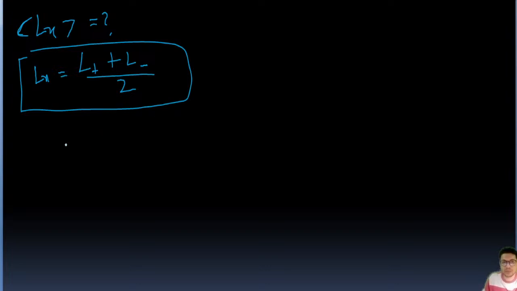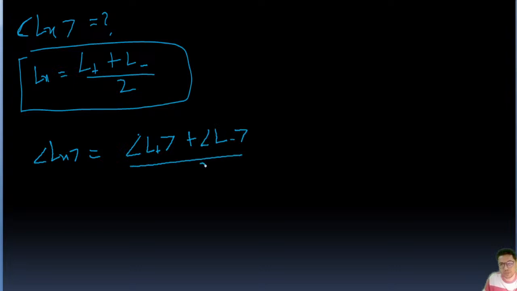So in this similar fashion, expectation value of Lx is going to be expectation value of L plus, expectation value of L minus by 2, right? So we'll find out the value of L plus and L minus separately, and then we'll put the value in equation 1. We'll get the required answer.